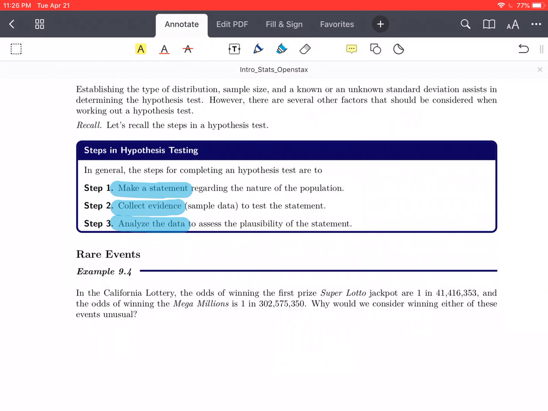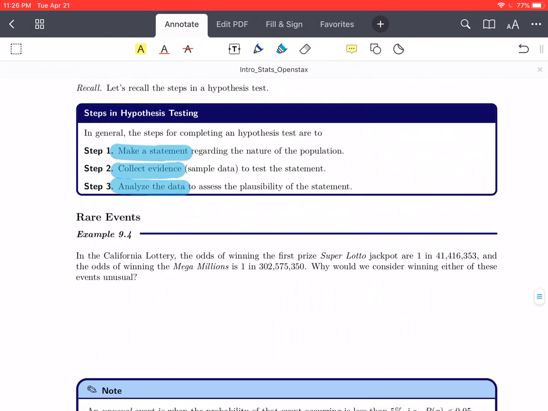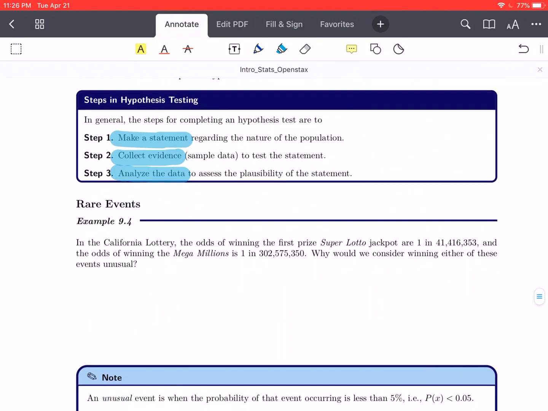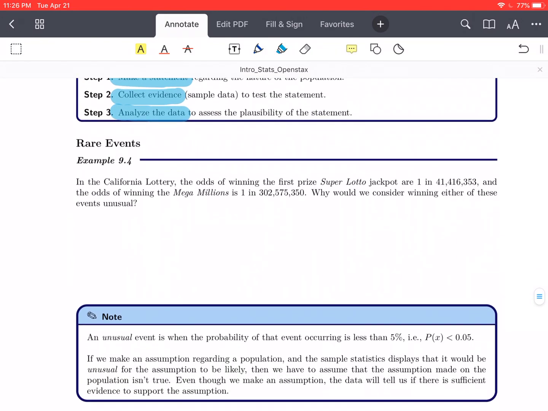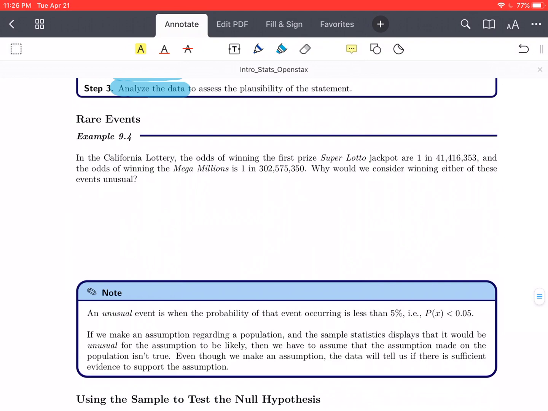All 3 of these are very important steps in being able to successfully carry out a hypothesis test. One of the things that we're going to talk about first is the concept of something being statistically significant, or what we call unusual or rare. For this example, in the California lottery, the odds of winning the first prize Super Lotto jackpot are 1 in 41,416,353, and the odds of winning the Mega Millions is 1 in 302,575,350.